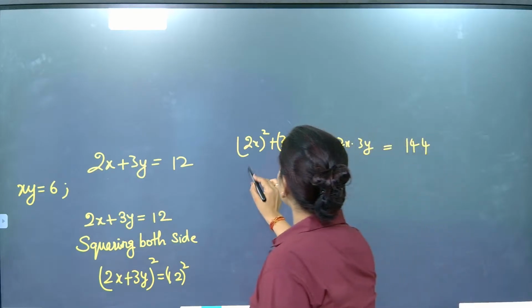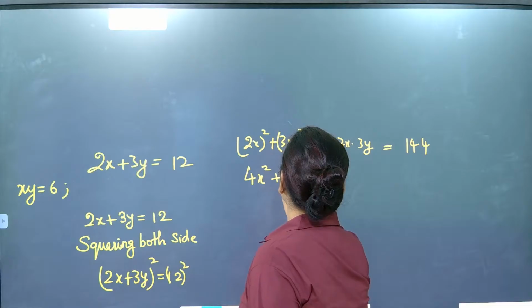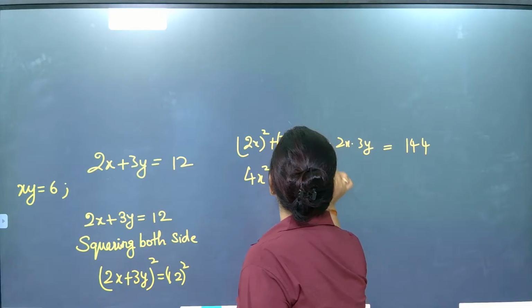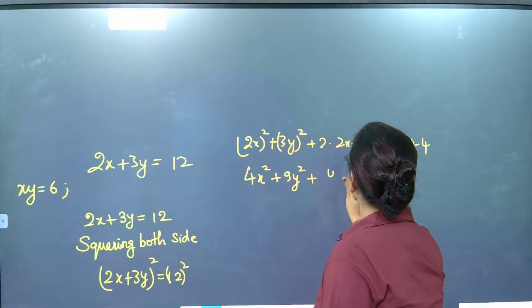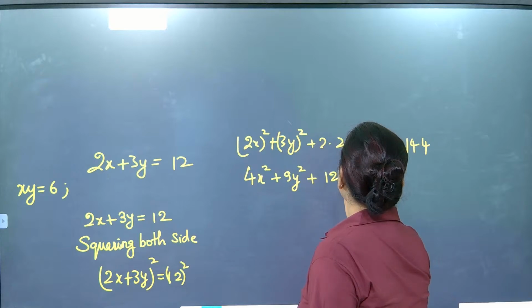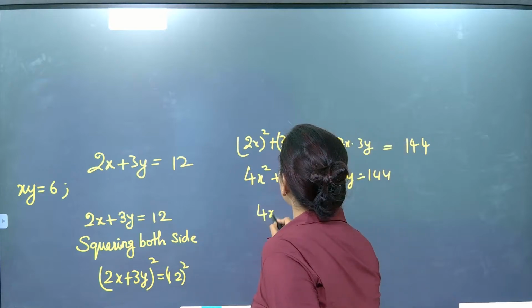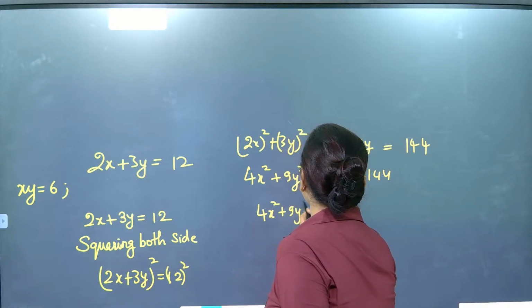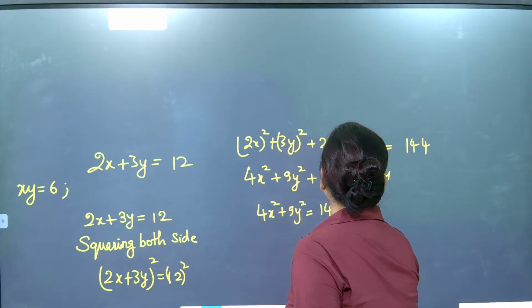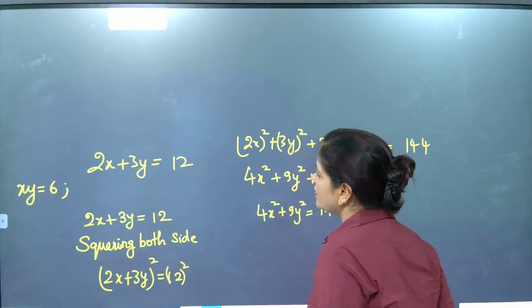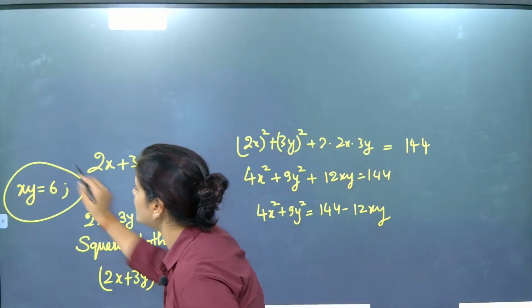So it will become 4x square plus 9y square plus 12xy equal to 144. Now, beta, here it will become 4x square plus 9y square equal to 144 minus 12xy. But do you remember what is the value of xy given? 6.